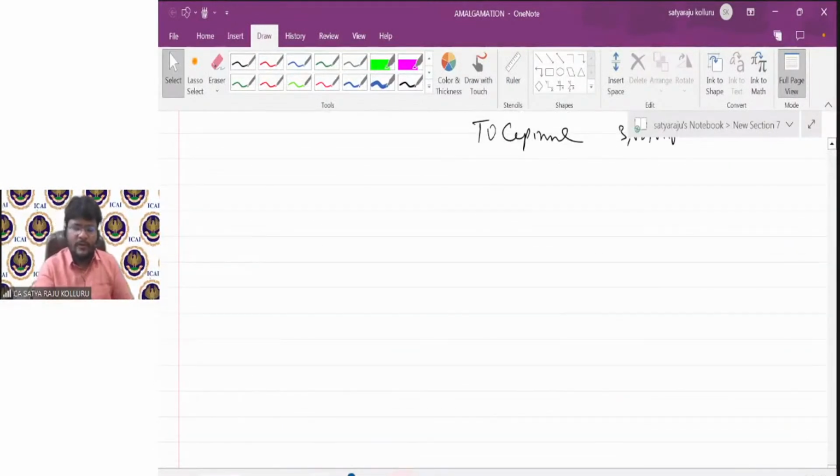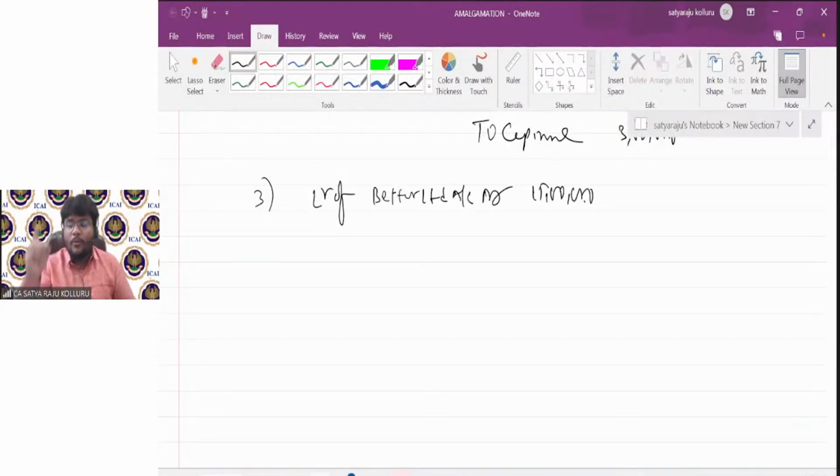Next, come to the settlement entry, that is liquidator of Better Limited account debit. How much do you need to pay? 15 lakhs. But how many shares are you issuing? 10,000 shares only. Each share you are issuing at the rate of 150 rupees each.